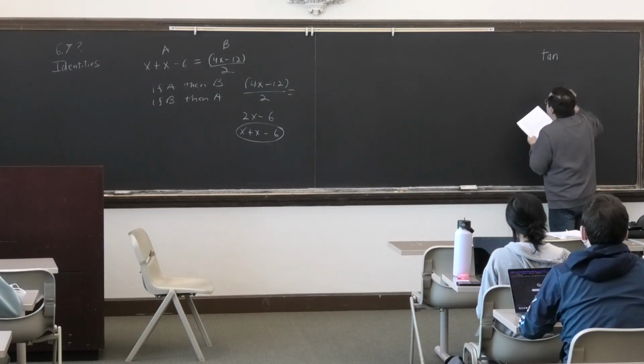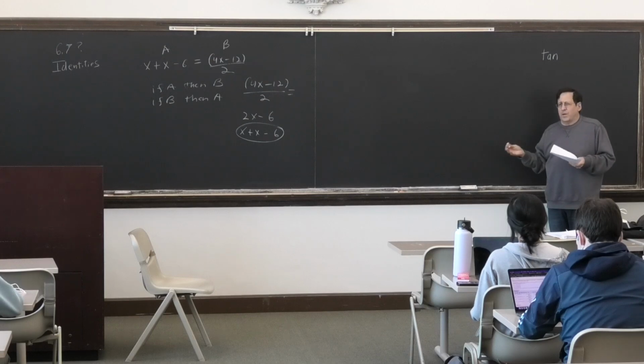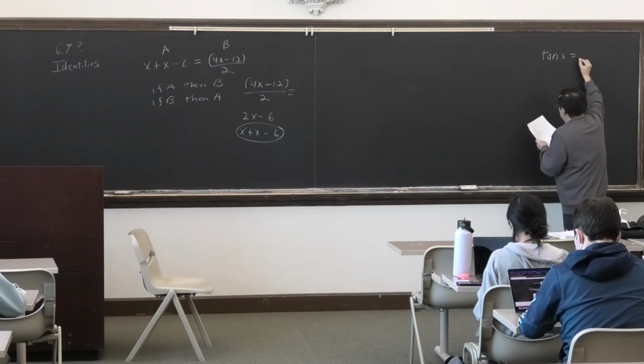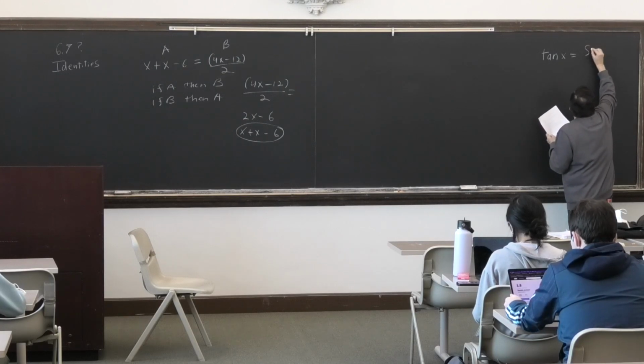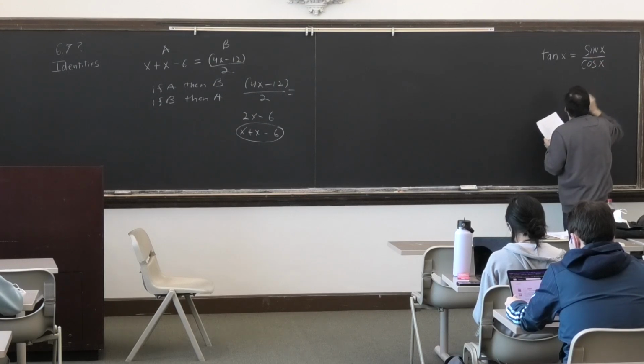This is kind of, in math, sometimes you start in one place and sometimes you start somewhere else. Here, we're going to call this a definition. By definition, tangent is sine over cosine.